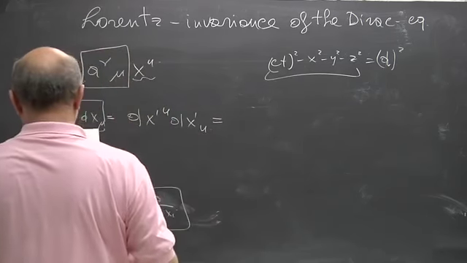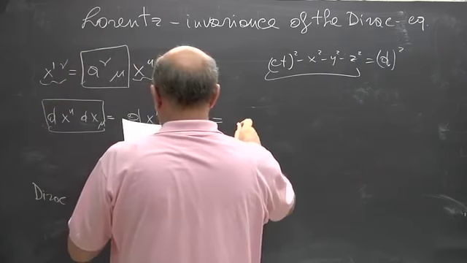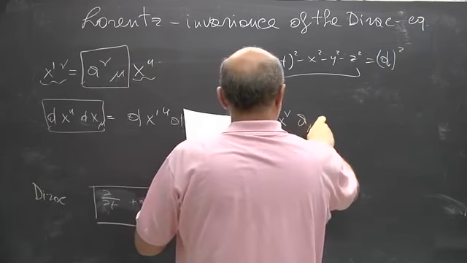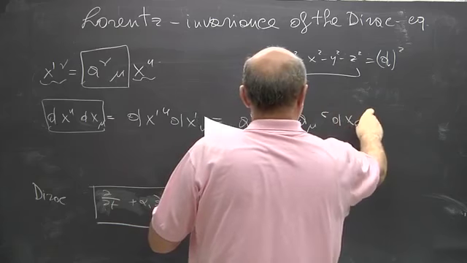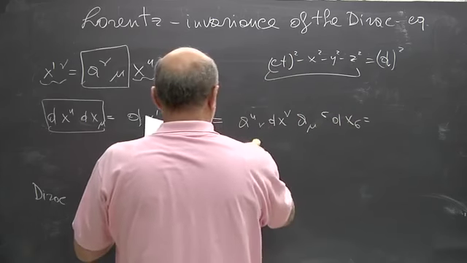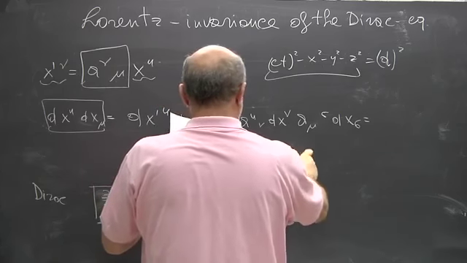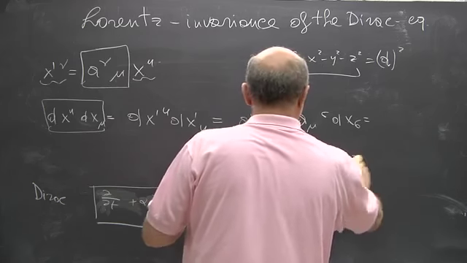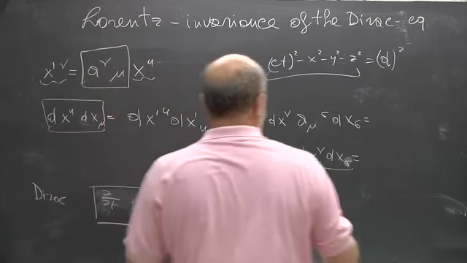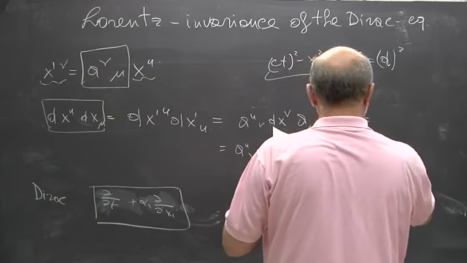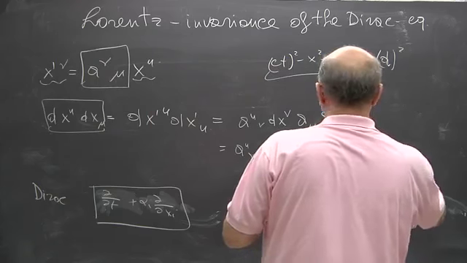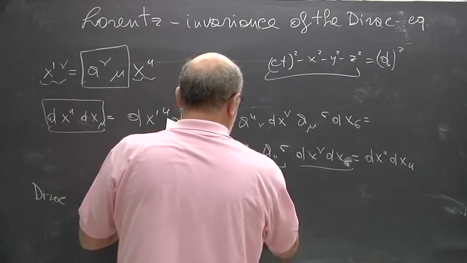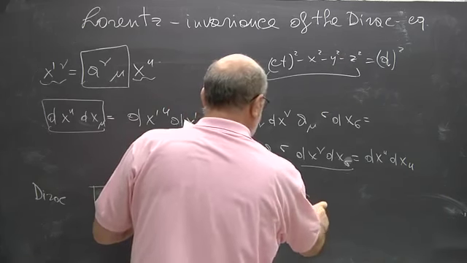Let's take this object, a^mu_nu dx^nu times a^mu_sigma dx^sigma, which is equal to a^mu_nu a^mu_sigma dx^nu dx^sigma. And we know that this object is equal to dx^mu dx^mu. What does this imply? It implies that a^mu_nu a^mu_sigma is equal to delta_nu sigma.